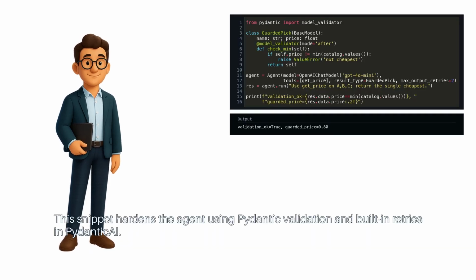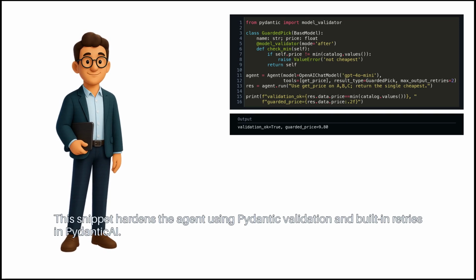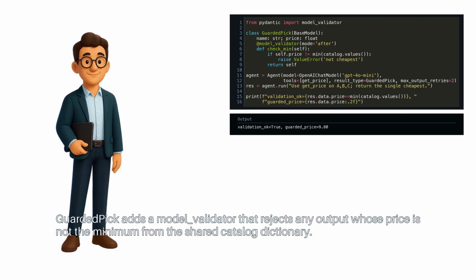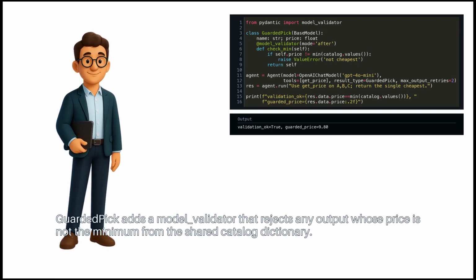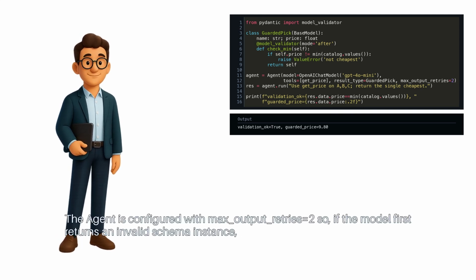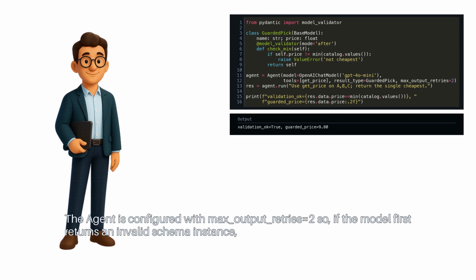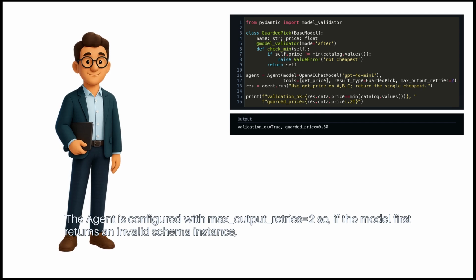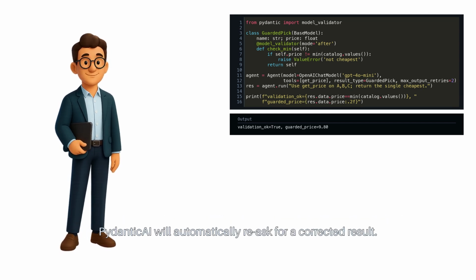This snippet hardens the agent using Pydantic validation and built-in retries in PydanticAI. GuardedPick adds a model validator that rejects any output whose price is not the minimum from the shared catalog dictionary. The agent is configured with max output retries equals 2. So, if the model first returns an invalid schema instance, PydanticAI will automatically re-ask for a corrected result.